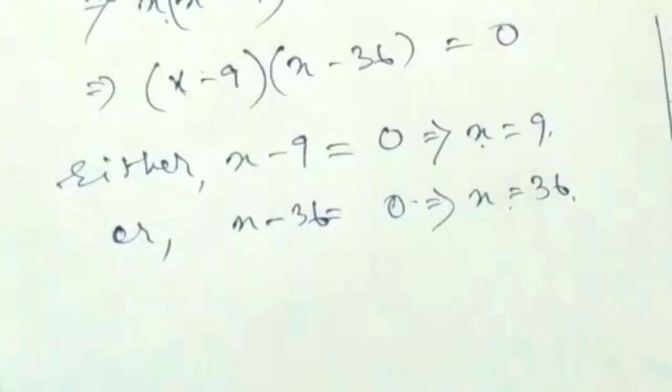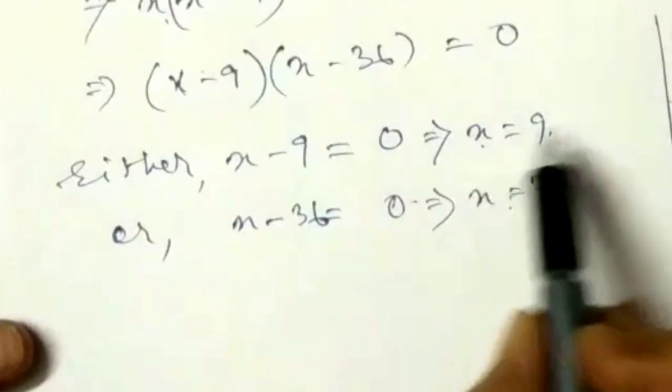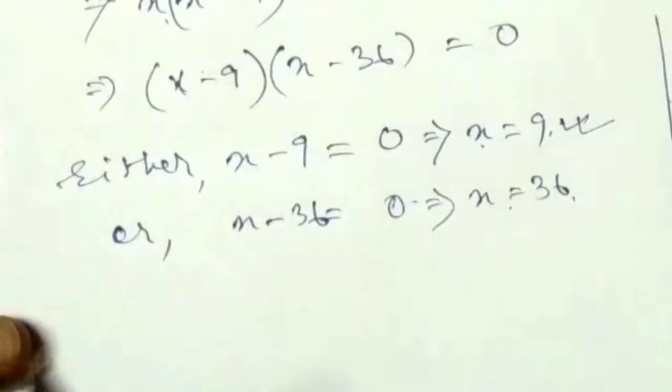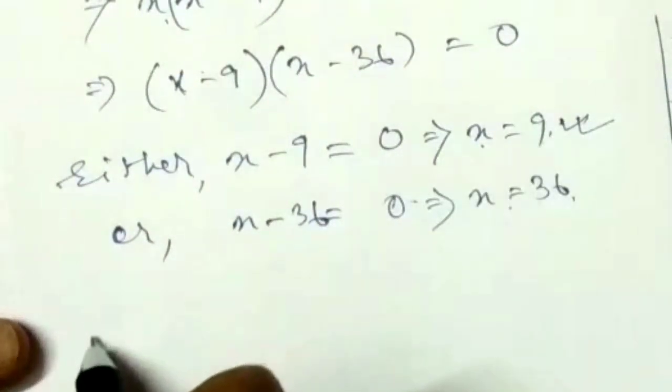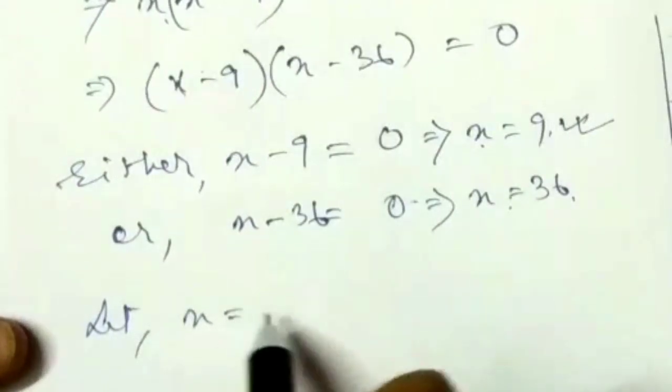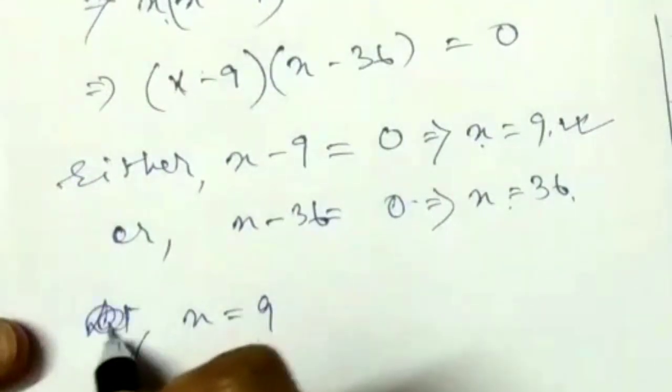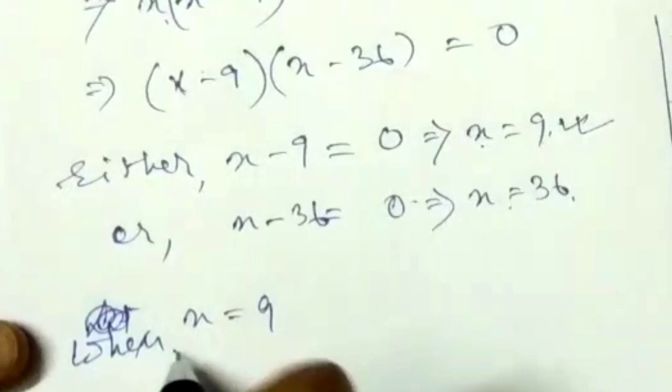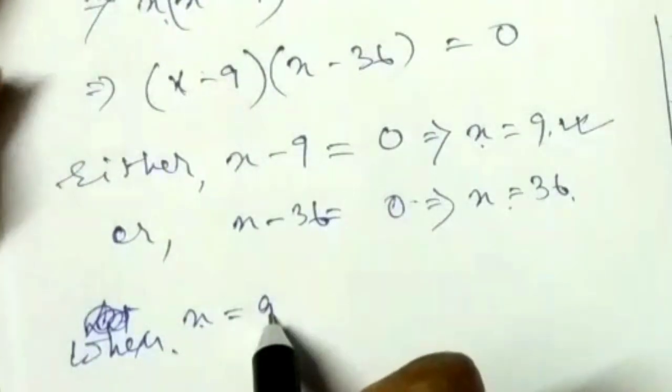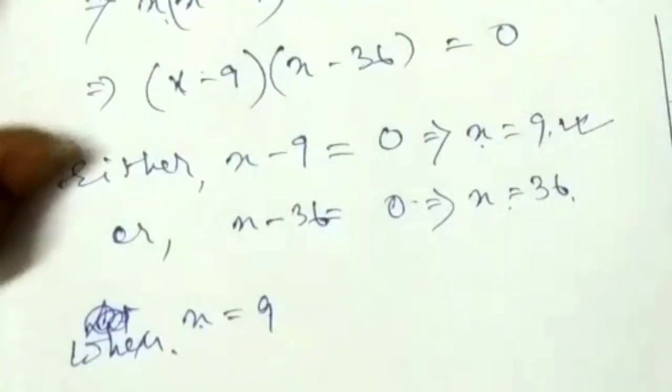So any one value you take. First, for John, let x be equal to 9, then Jayanti's marbles were 45 minus x.